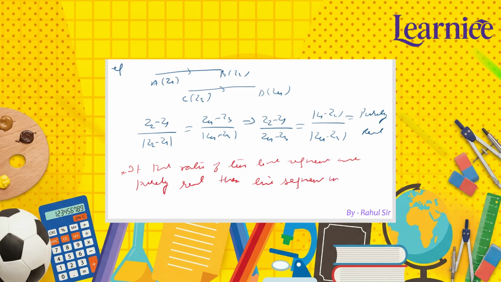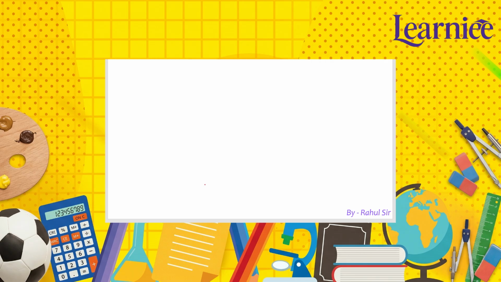So these are the conditions for two line segments to be parallel. Okay, let's take one more example.